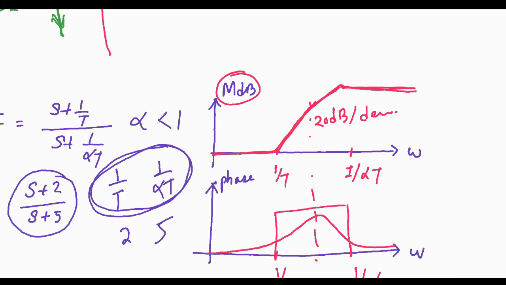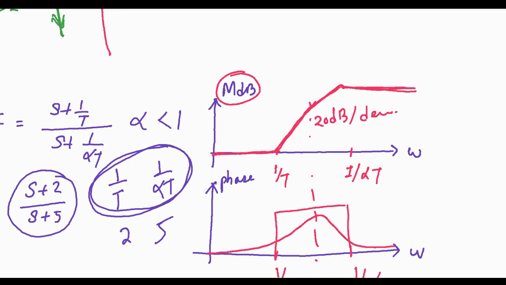So here this point is 0 dB line. At which point the magnitude plot is crossing the 0 dB line is called the gain crossover frequency. So here magnitude plot touches unity or 0 dB line at 1 by t.